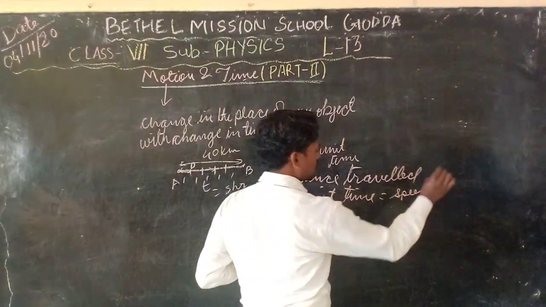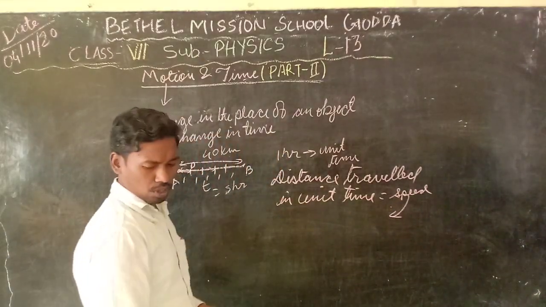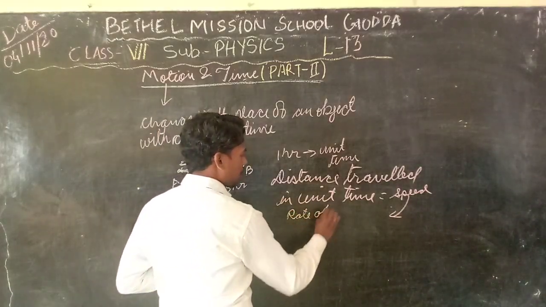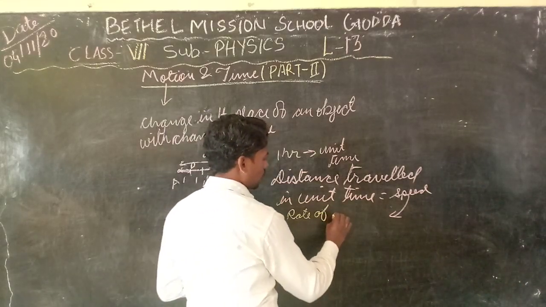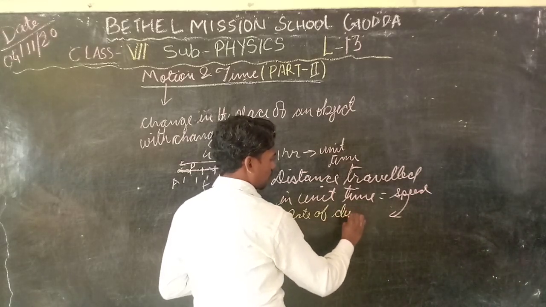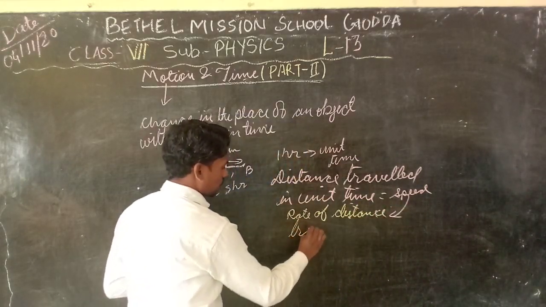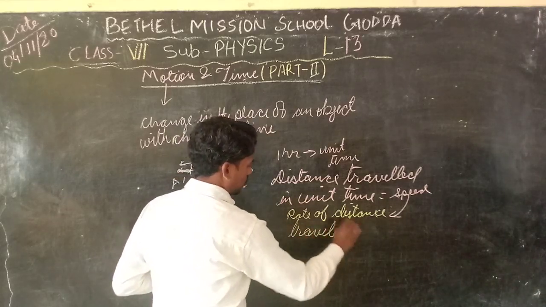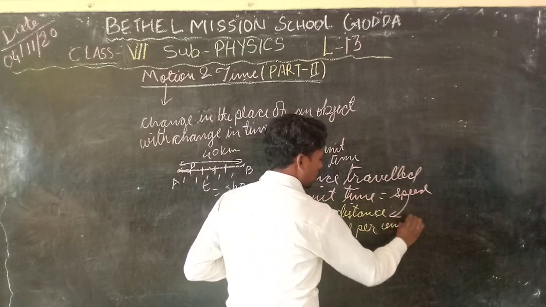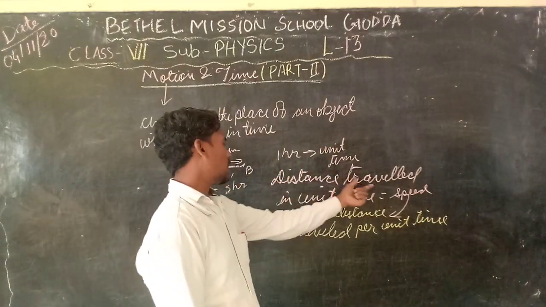So what is speed? You can say that speed is the rate of distance traveled per unit time, or simply distance traveled per unit time.